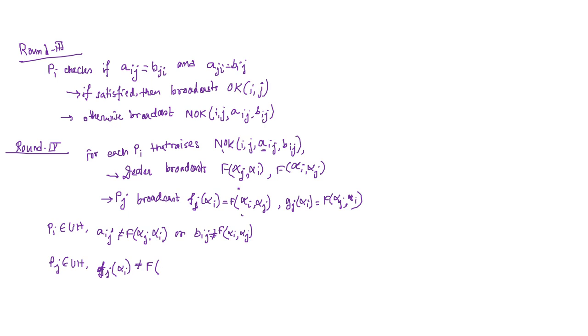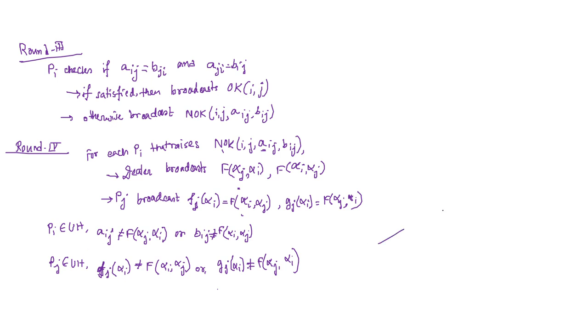Now f of j at point alpha I, that means alpha I comma alpha j, if the dealer's corresponding value is equal to Gj of alpha I, this is not equal, or Gj of alpha I is not equal to f of alpha j comma alpha I, then Pj goes into the unhappy set.